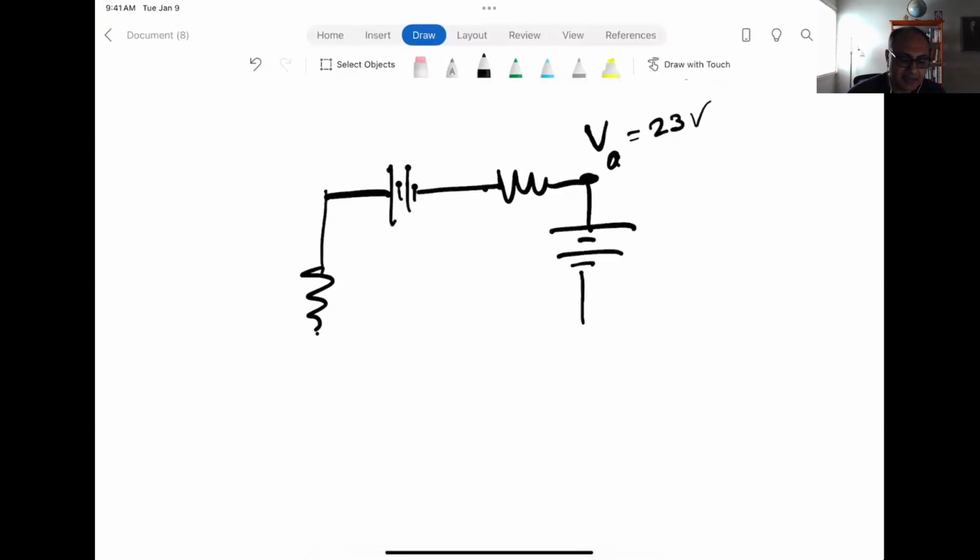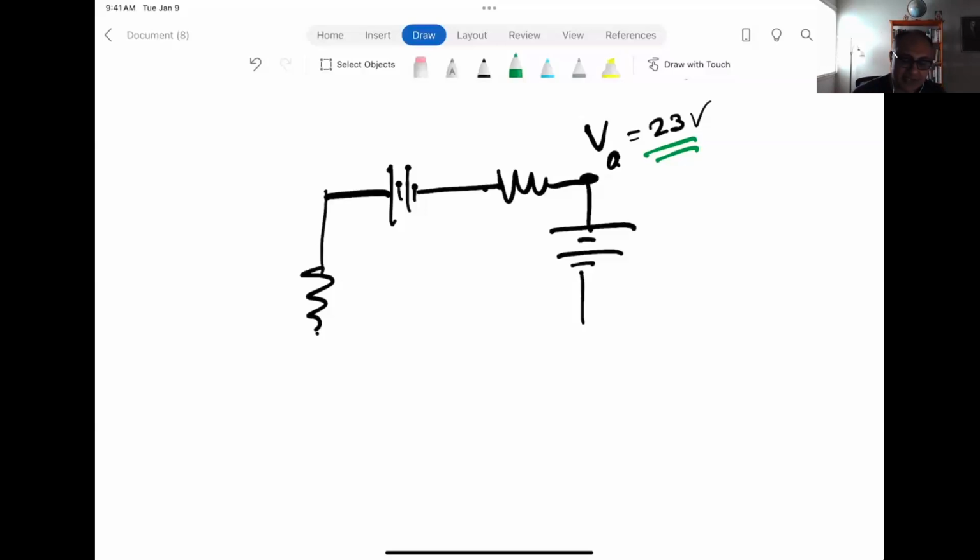Now, the potential must be a single valued function of position, which means at that point A, that potential will stay the same. The currents are not changing. So we are always looking at situations where the currents are all fixed. So at a certain point in the circuit, the potential must have one and only one value, right?